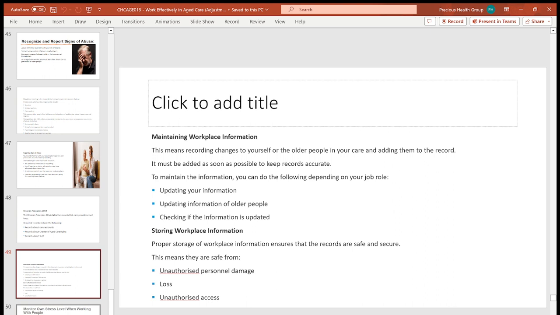Next we're going to be talking about maintaining workplace information. This means recording changes of yourself or other persons in your care and adding them to the record. It must be added as soon as possible to keep your record accurate and up to date. To maintain the information, you can do the following depending on your job role: updating your information, updating the information of other people, and checking that the information is actually updated on an ongoing basis.